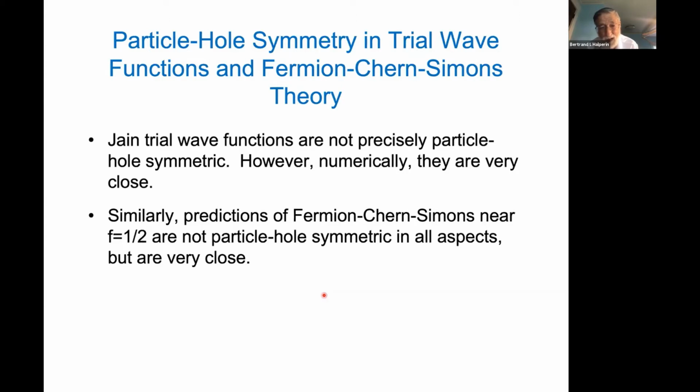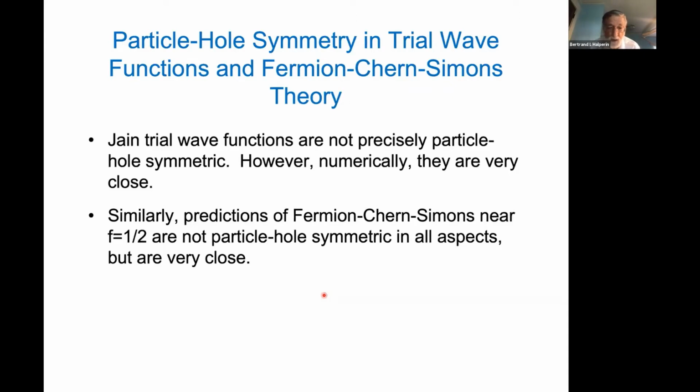They wouldn't be exactly particle-hole symmetric, and it's not exactly particle-hole symmetric at filling fraction 1/2, but numerically they seem to be very close together, at least as far as one can tell by evaluating them in finite systems, which must be the case because, as I've already told you, they seem to work very well with the exact ground states, and the exact ground states have to be particle-hole symmetric.